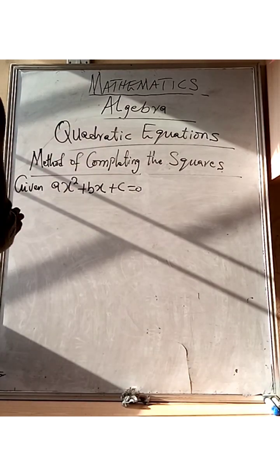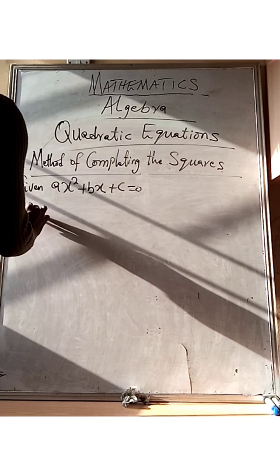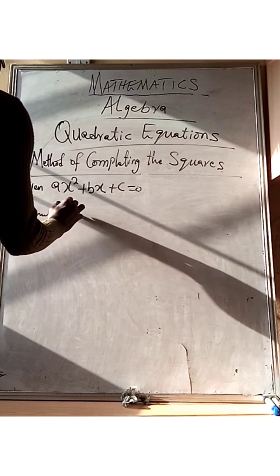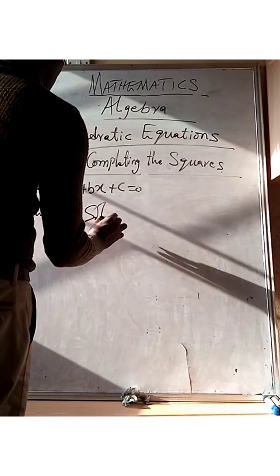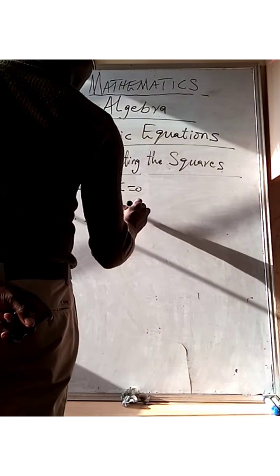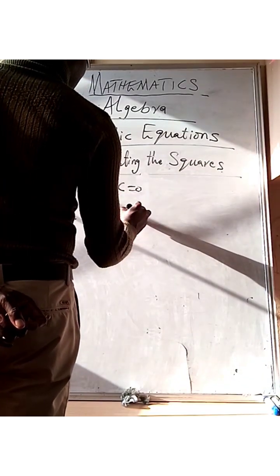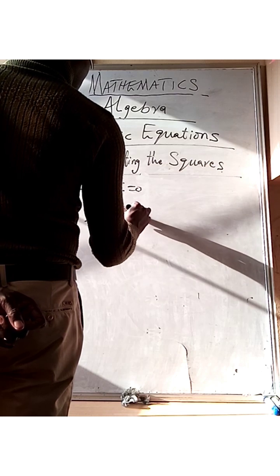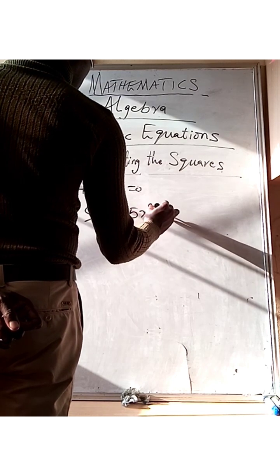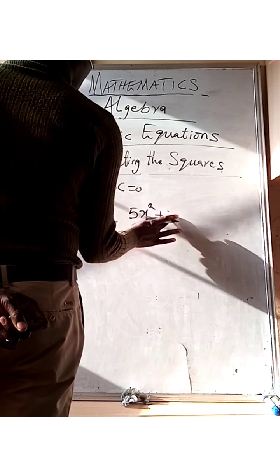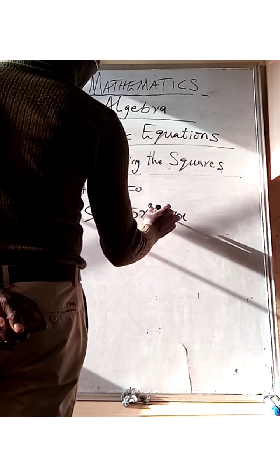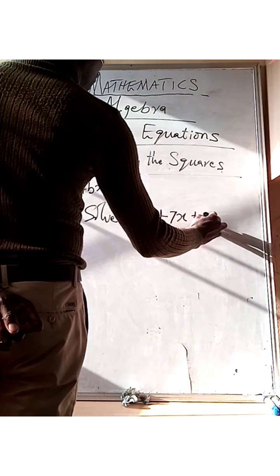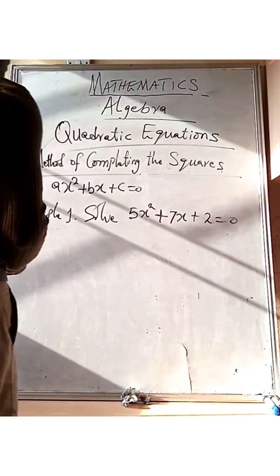Say for instance, example: solve, say, 5x squared plus 7x plus 2 equals 0.